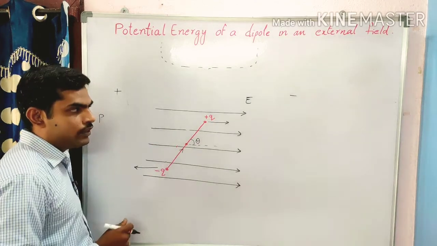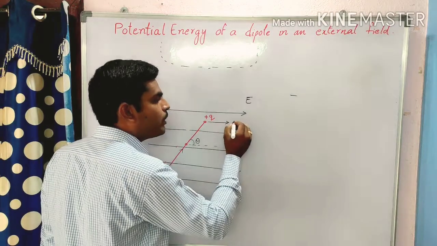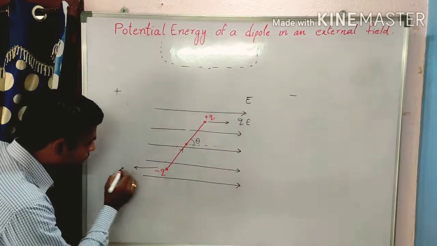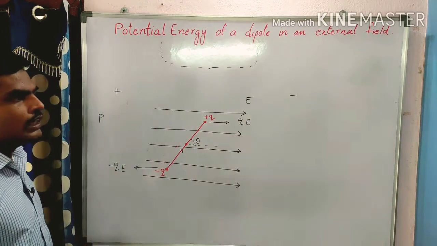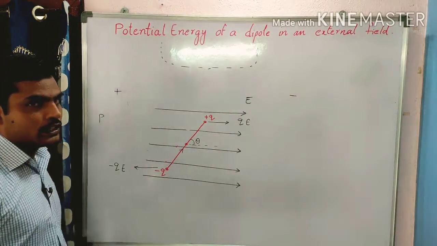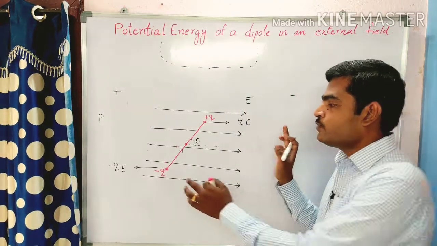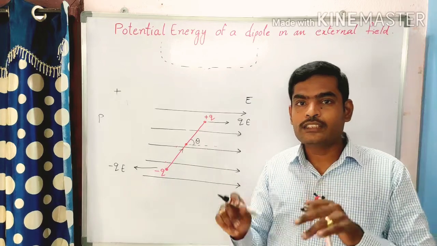What is the force? It is QE. QE is applied in one direction and QE in the opposite direction. These forces are equal in magnitude, but the line of action is not the same.